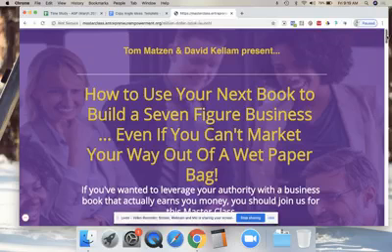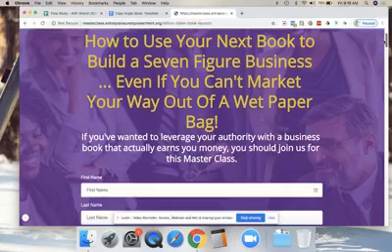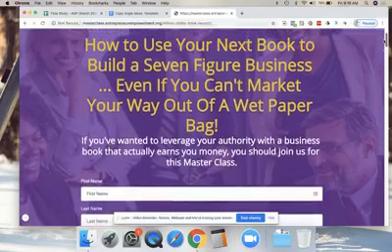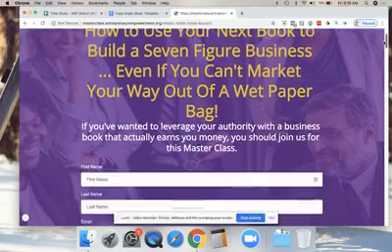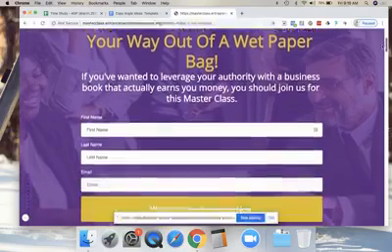Let's look at this example here. This is a masterclass by Tom Watson, and it is about how to use your next book to build a seven-figure business, even if you can't market your way out of a wet paper bag. I love that.